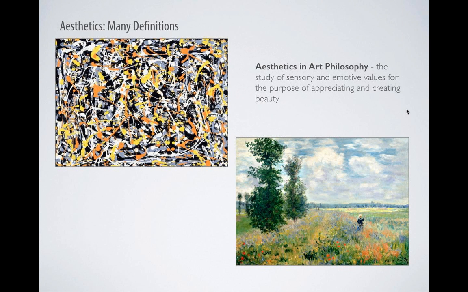The two paintings on the screen right now are two examples. The one on the left is a Jackson Pollock painting, which is very abstract and pretty wild in its composition, whereas the one on the right is a Claude Monet painting that's much more easily accessible, much more recognizable. But both of these are considered great works of art.